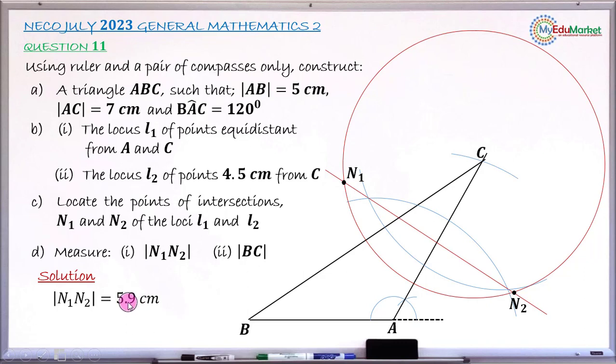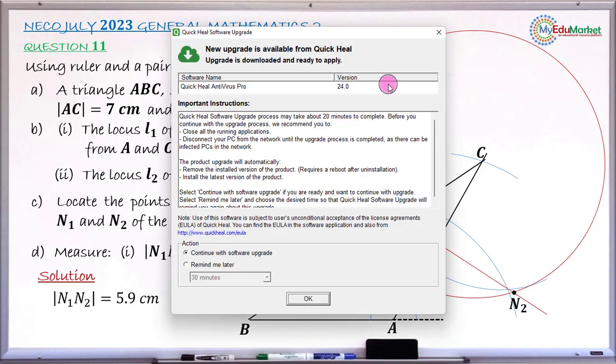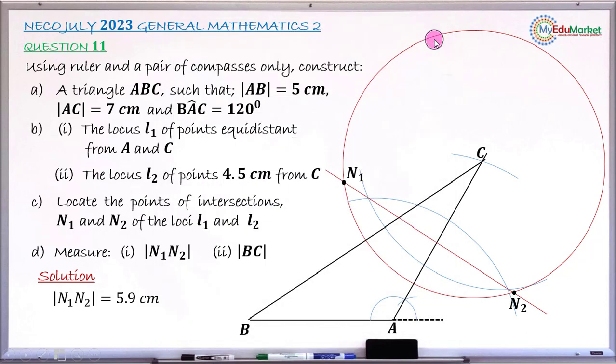This is what you expected to have. There is no problem getting 5.8 or 6.0. That is plus or minus 0.1 of a centimeter. So this will be the distance that you are going to have, or very close to it, when you measure from N1 to N2.